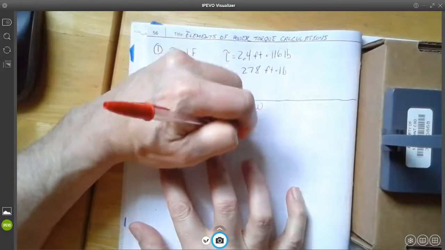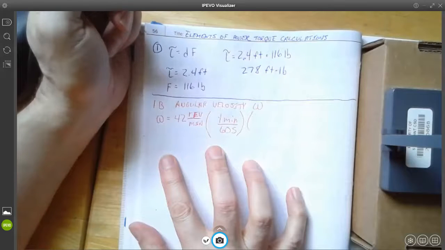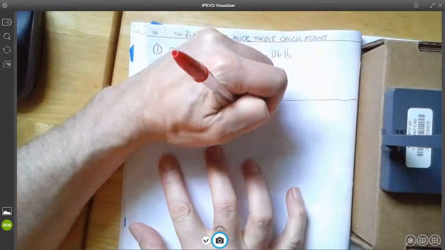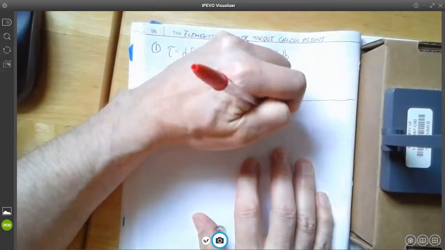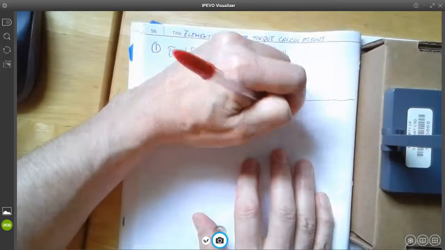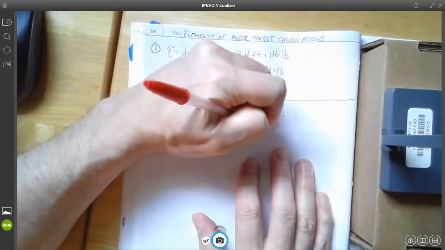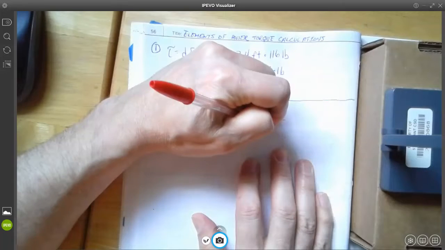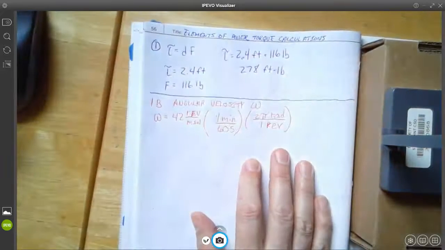Now, the next part is where we convert revolutions to radians. The conversion for that is 2 times pi radians over 1 revolution, close parentheses.